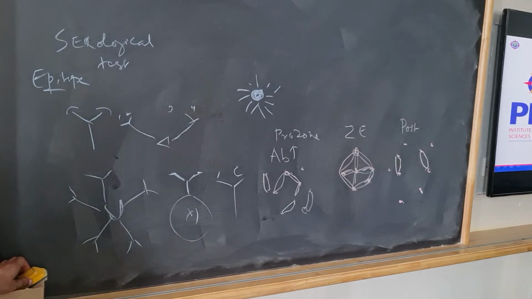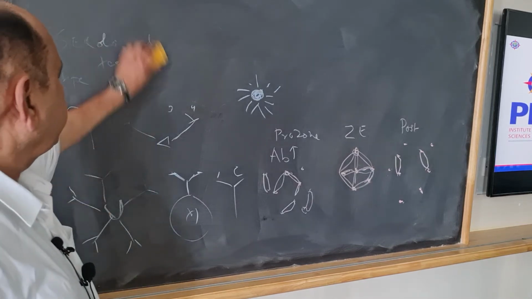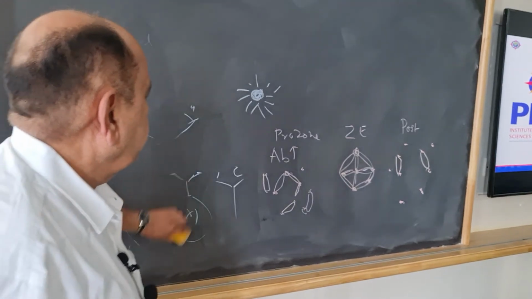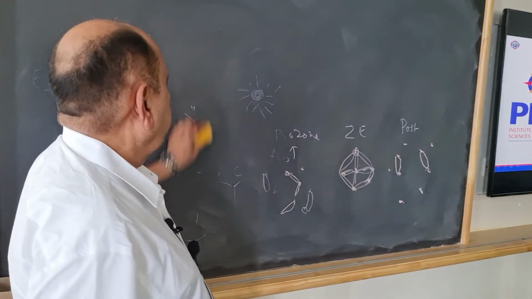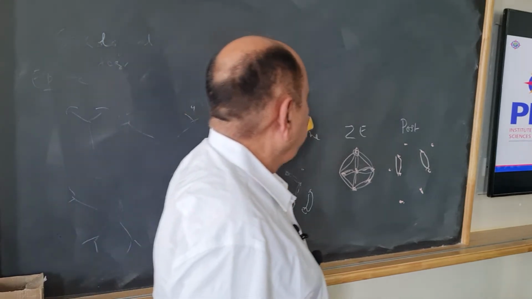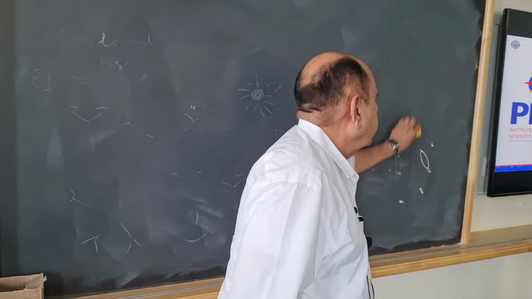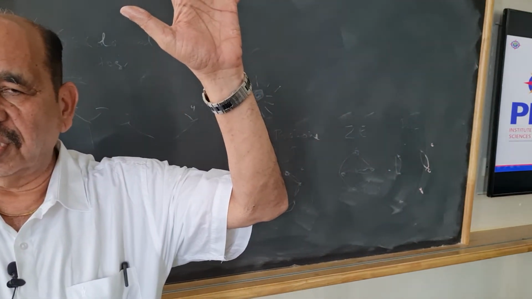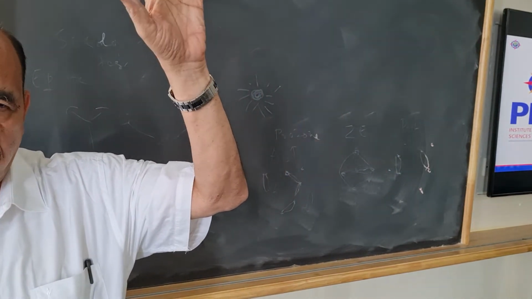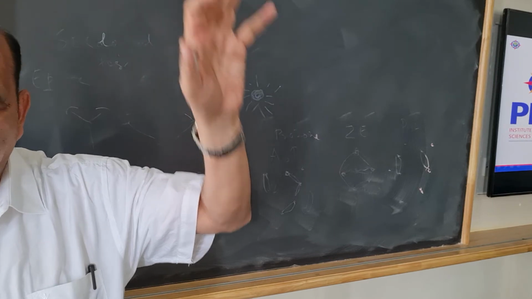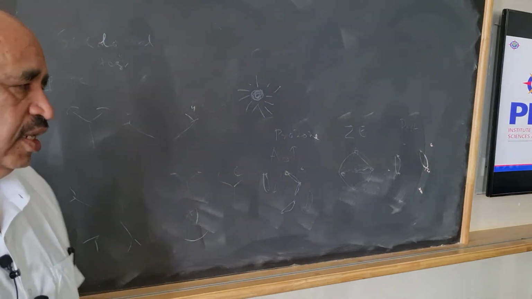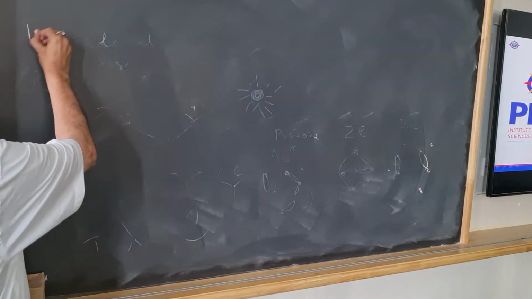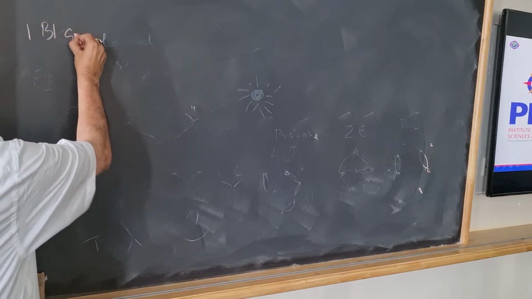Okay, now I said agglutination test. There are 5 slide agglutination tests. How many? 5. Number 1 is blood grouping.